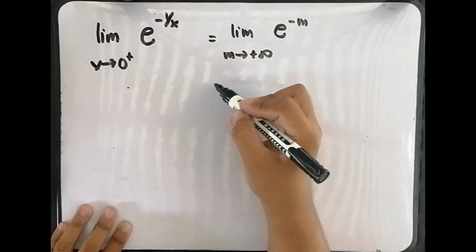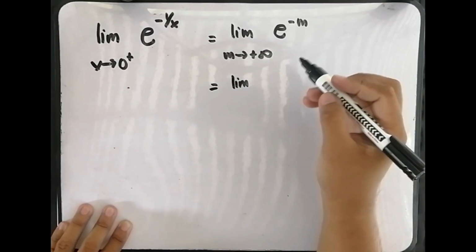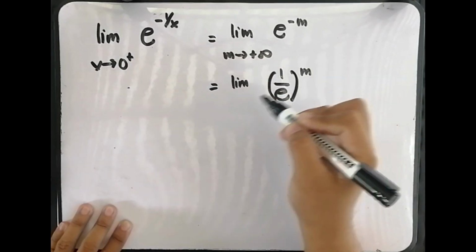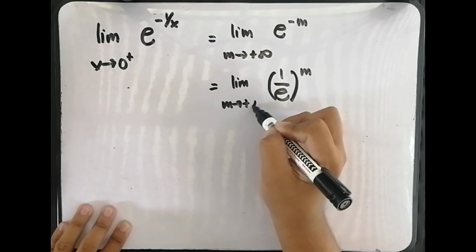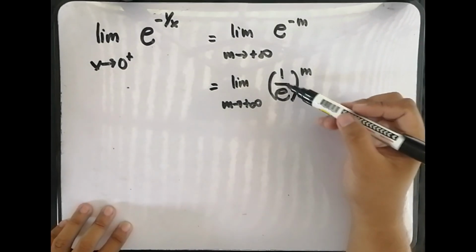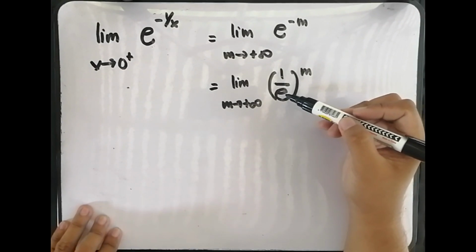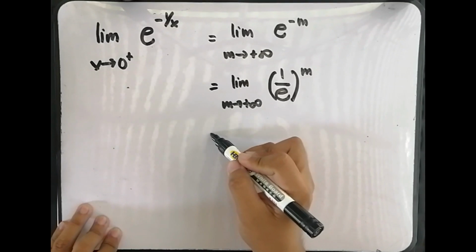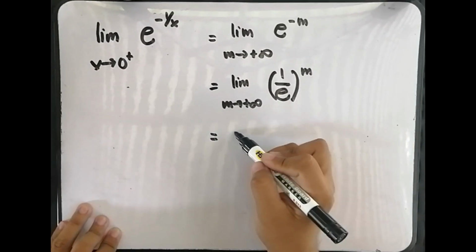But what is this? This is just equal to the limit of 1 over e raised to m as m approaches positive infinity. We know that 1 over e is less than 1 but greater than 0. Therefore, by theorem 2, okay, this is now equal to 0. How about the limit of e raised to negative 1 over x as x approaches 0 from the left?